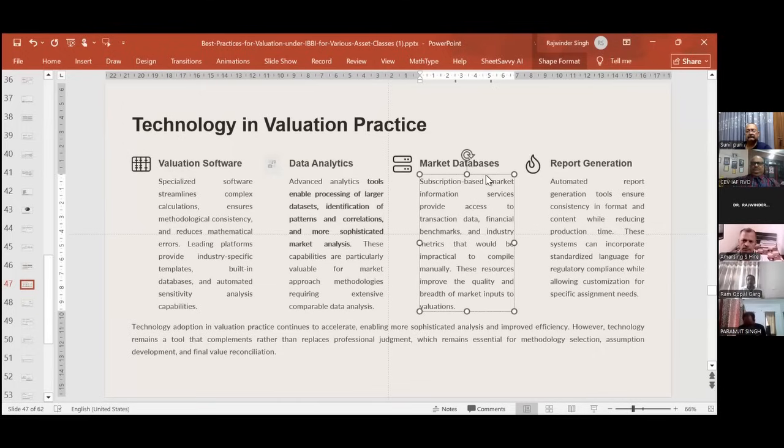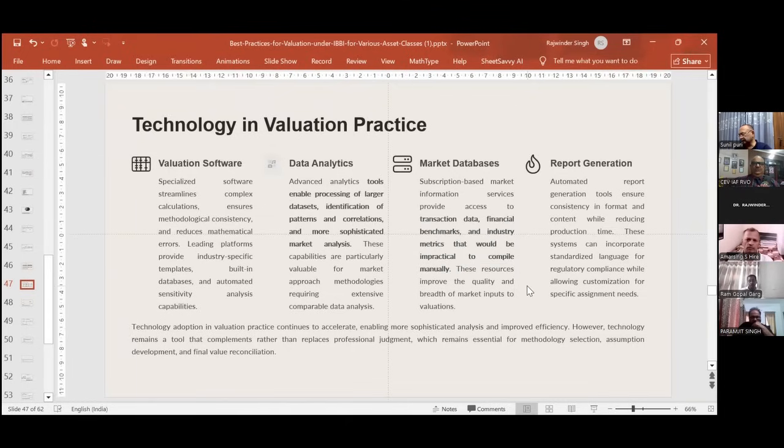Then nowadays for collecting market databases, subscription-based market information services are available, which provide access to transaction data, financial benchmarks, and industry metrics that would be impractical to compile manually.